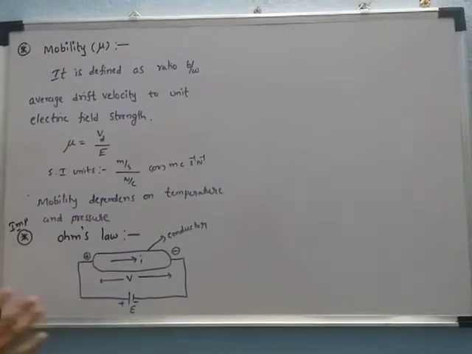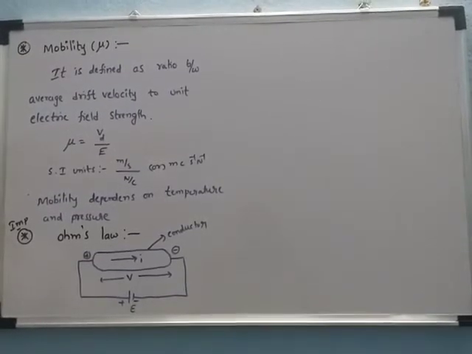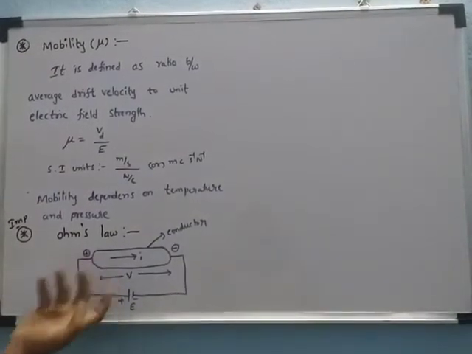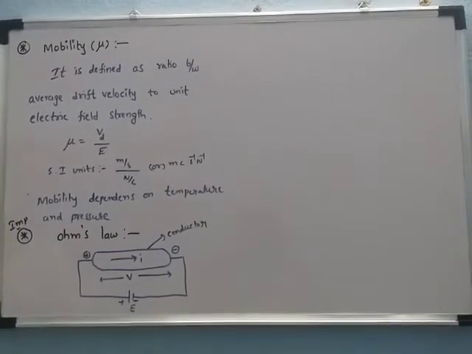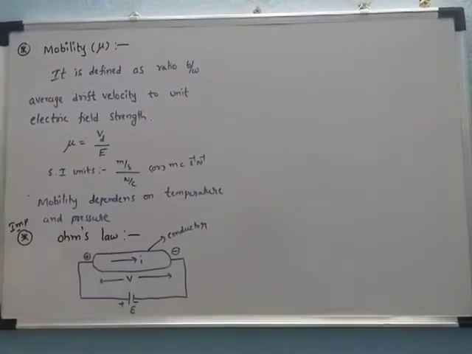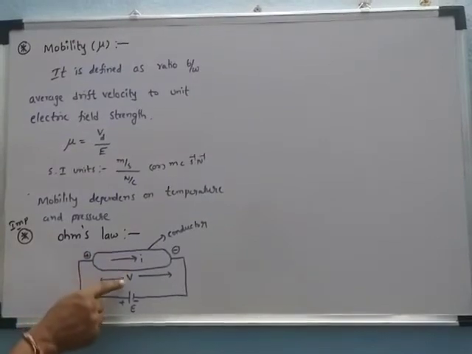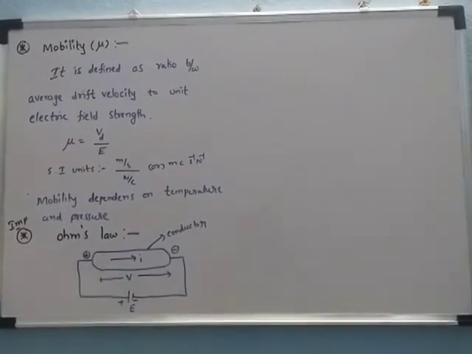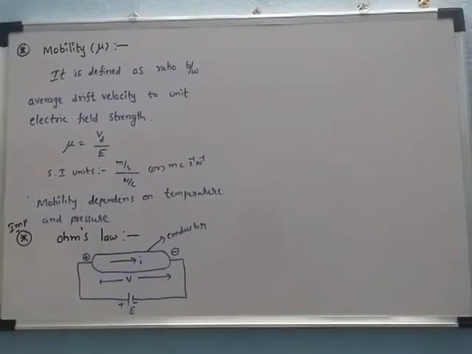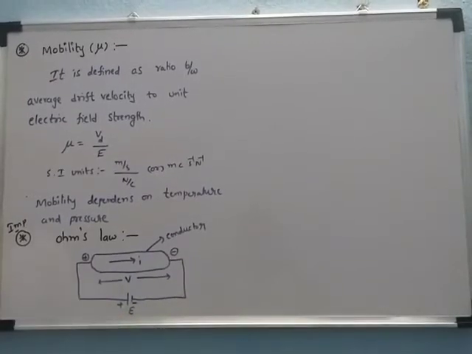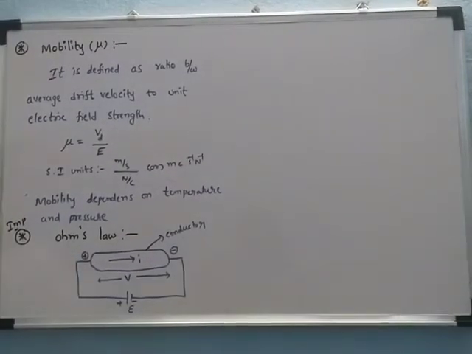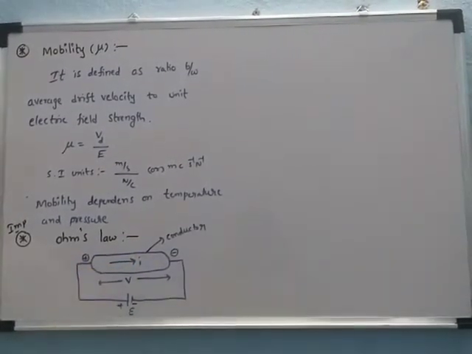Now, for example, when we increase the temperature, an external condition, the potential difference will also change and the current will also increase. Similarly, when the pressure changes, the current and potential difference also change.